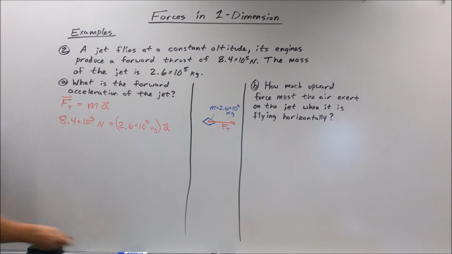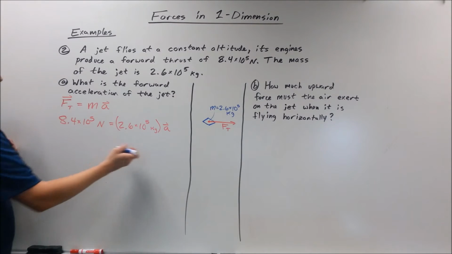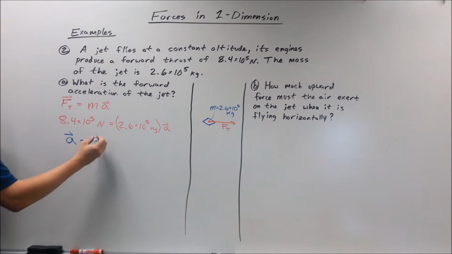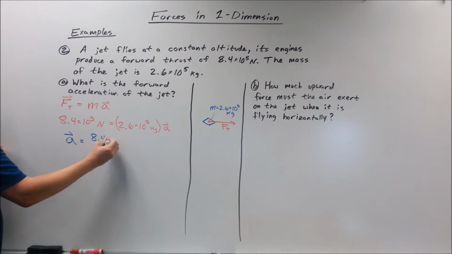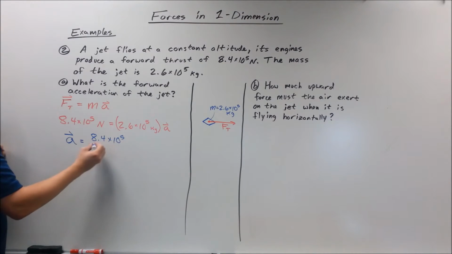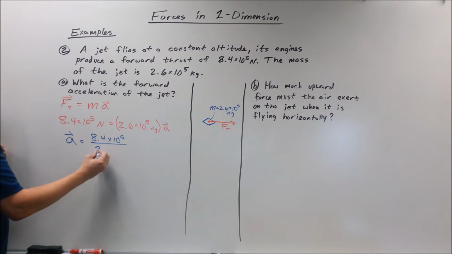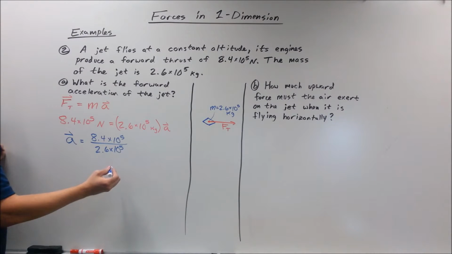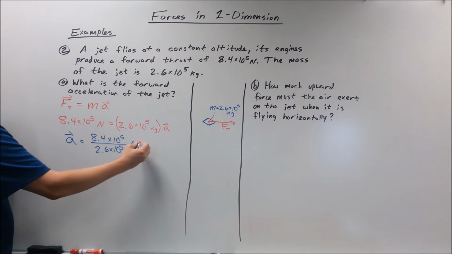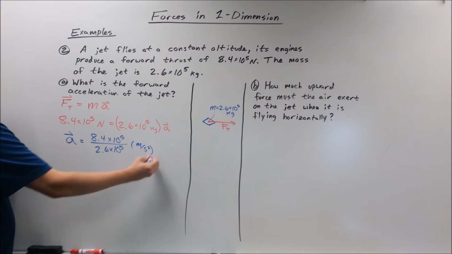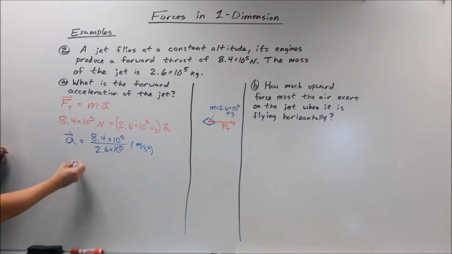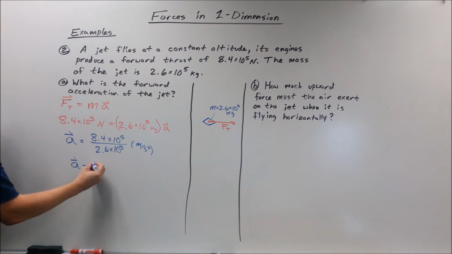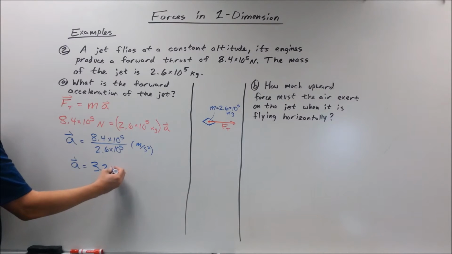So you just divide by this number. So our acceleration is 8.4 times 10 to the 5th divided by 2.6 times 10 to the 5th, and this is going to be in meters per second squared. So our acceleration is 3.2 meters per second squared.